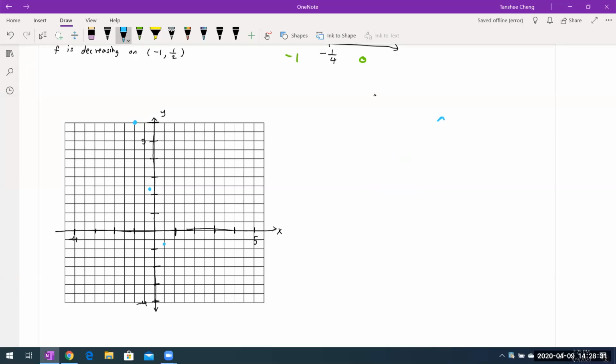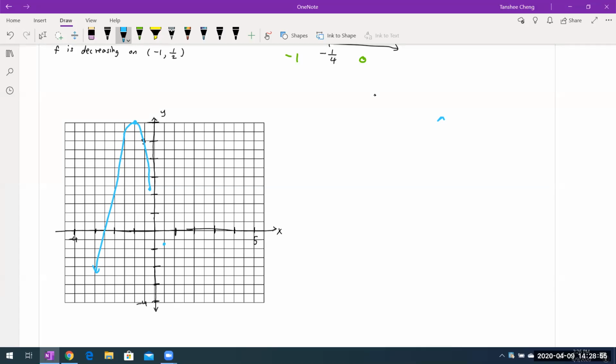So we know that it will be concave down from negative a quarter all the way to negative infinity. So I know that my graph will be like this on this side, concave down to negative infinity.